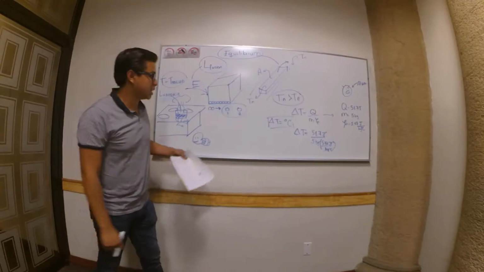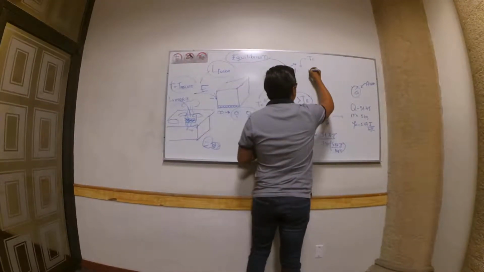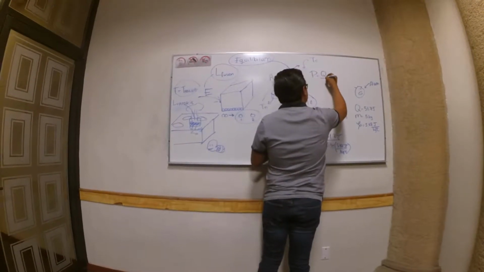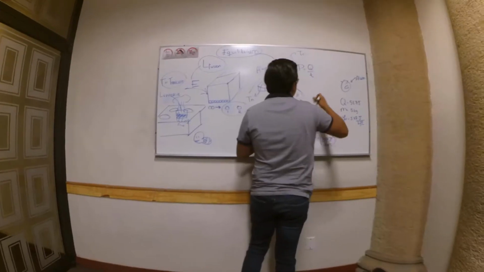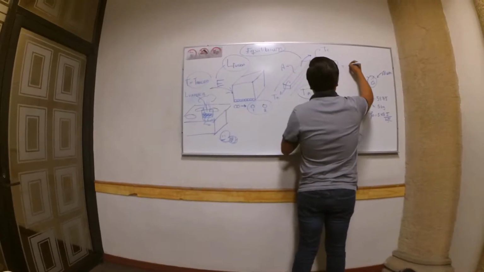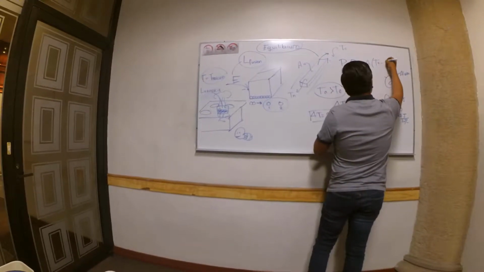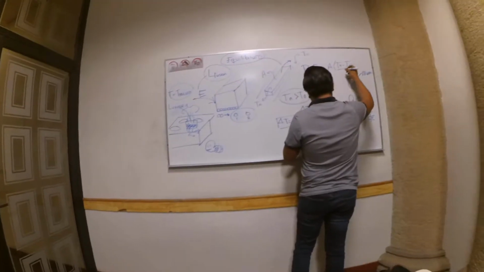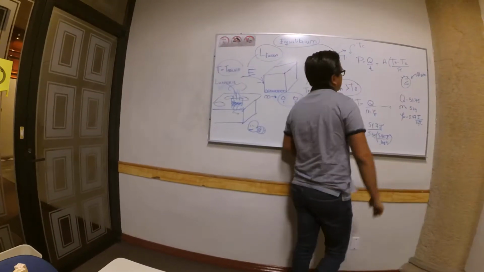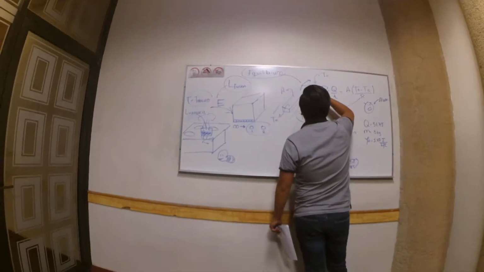In order to reach equilibrium, this is given by this formula. We know that the power is equal to Q over T, which is Tn minus Tc over R, where R is the thermal resistance of the bar.